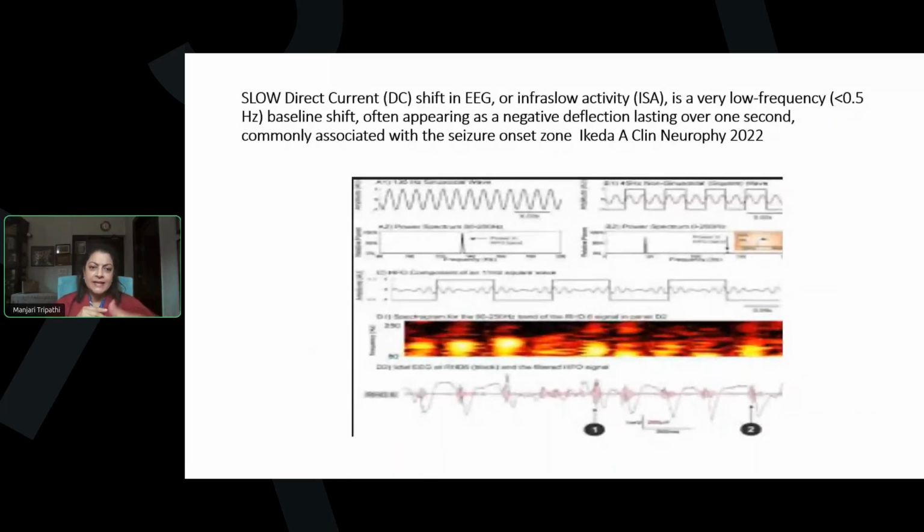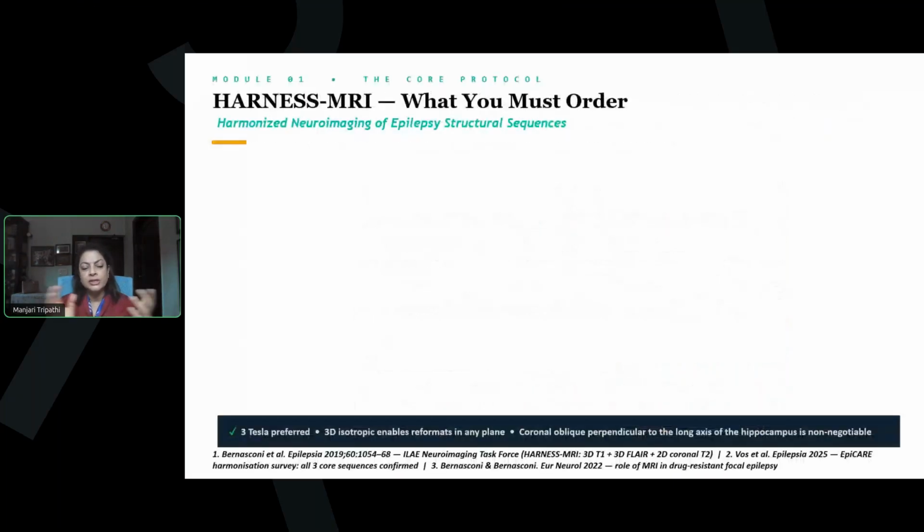And there's a baseline shift which happens, often appearing as a negative deflection. So you will see a very slow baseline negative deflection at the seizure onset, and these can also accurately map the ictal onset zone. So these are further advanced investigations apart from the routine EEG analysis, which we are very used to as neurologists.